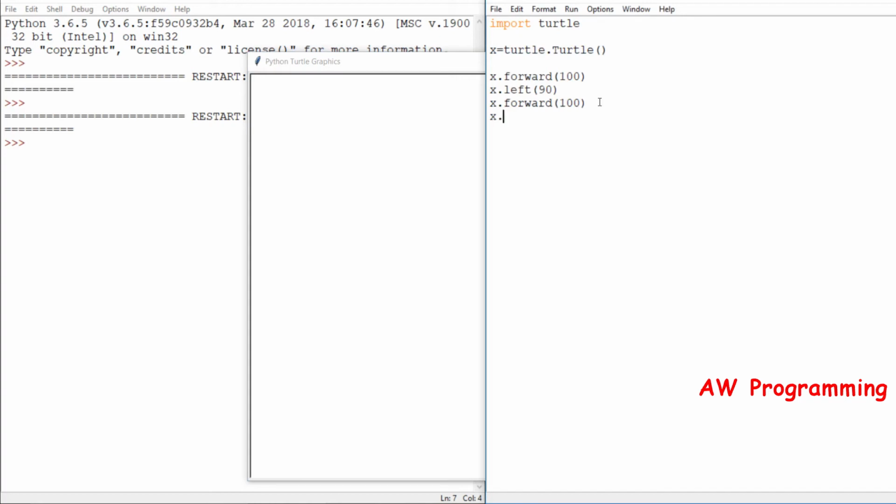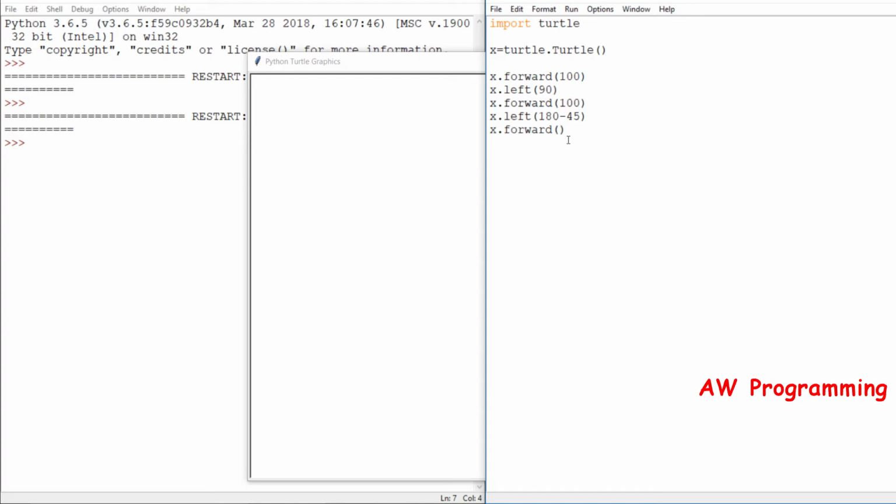So I'll write x.left and I'll write 180 minus 45, and now I'll write x.forward, which will be obtained by c square equals a square plus b square. A and b are both the same, which is 100 and 100, so it will be the square root of 20k.